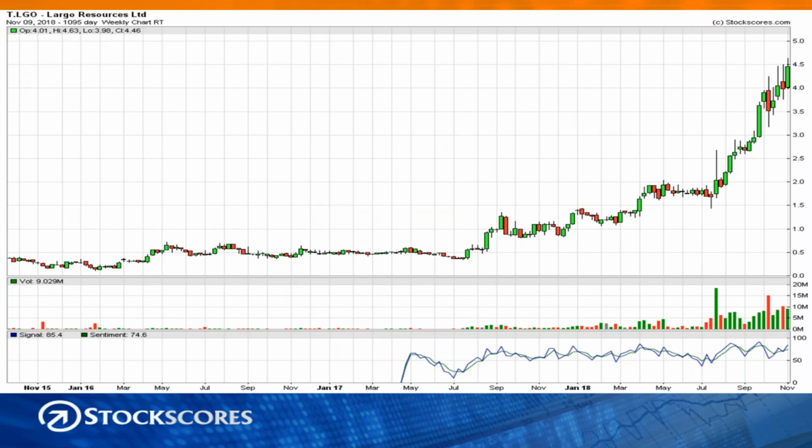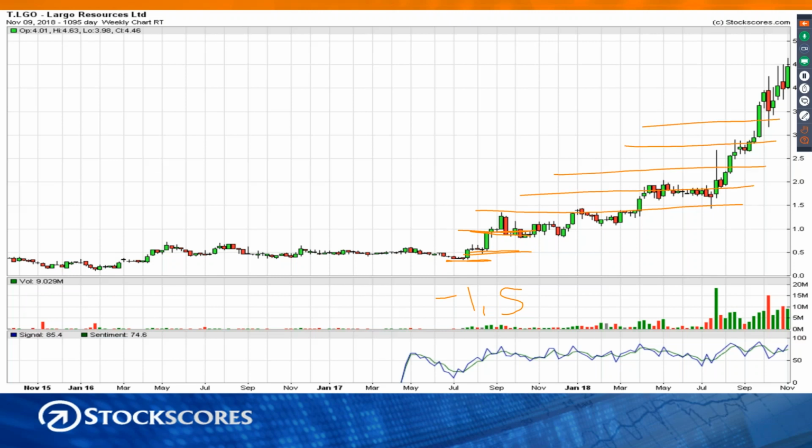So looking at this one, which is much longer term, I'm going to define my RR lines like this. I might have my stop down here, which is a -1.5, but my risk reward lines are much tighter. And there's your risk. I'm just drawing these freehand, but you get the idea. That stock is up 1, 2, 3, 4, 5, 6, 7, 8 times risk.